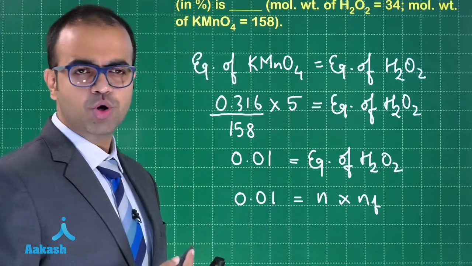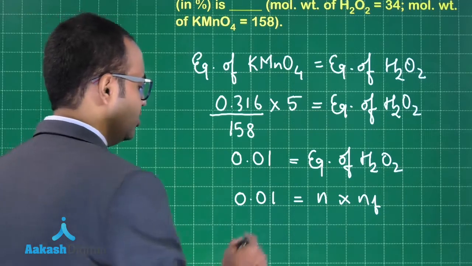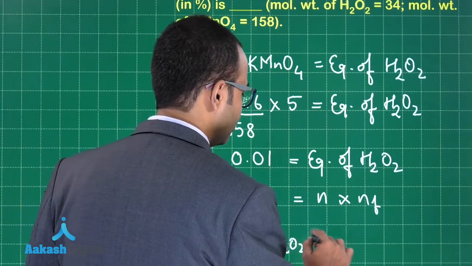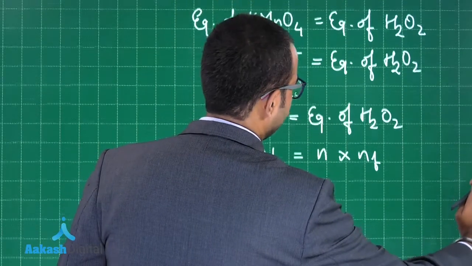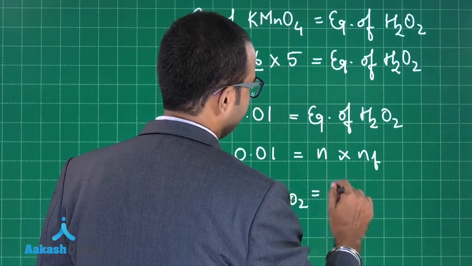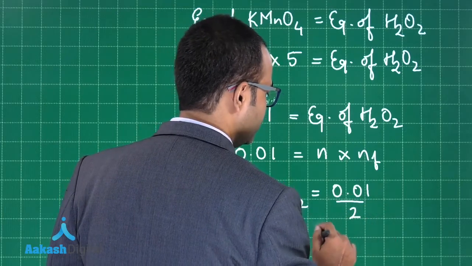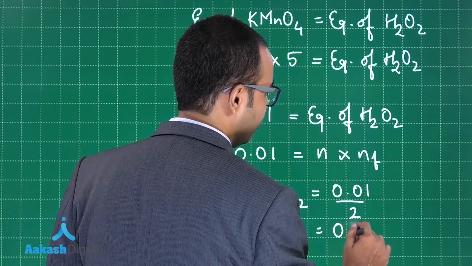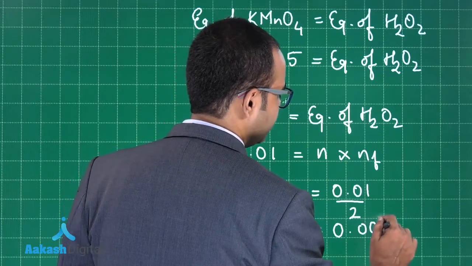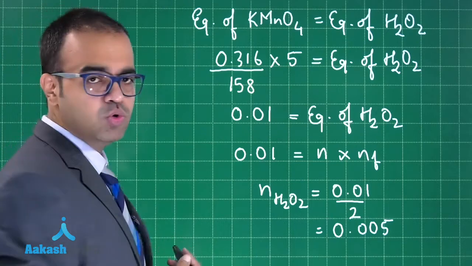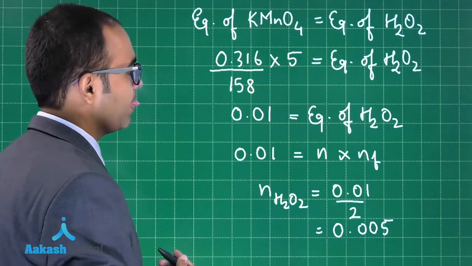The n factor of H2O2 is 2, guys, right? So number of moles of H2O2 will be 0.01 divided by 2. So that will be 0.005 moles of H2O2. Okay.